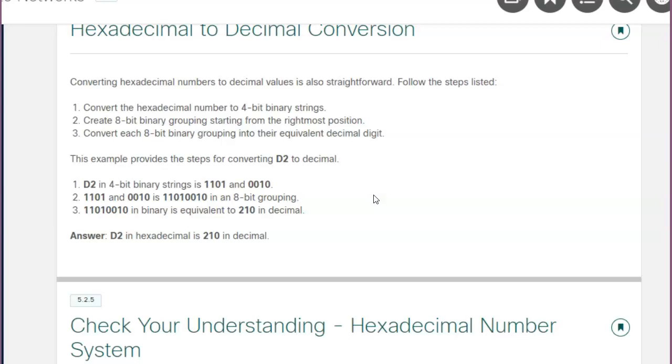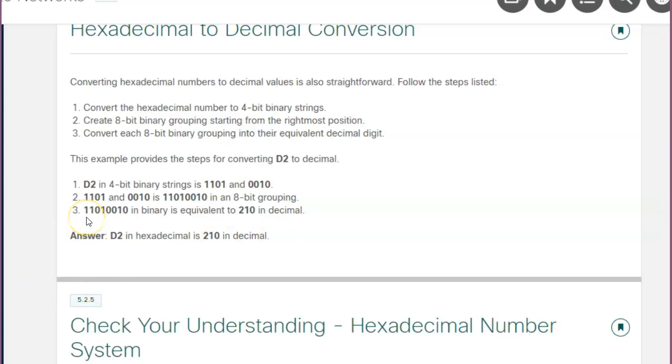When you make that conversion, D is 1101 and the number 2 is 0010. I put those together to give me an 8-bit grouping of 11010010.